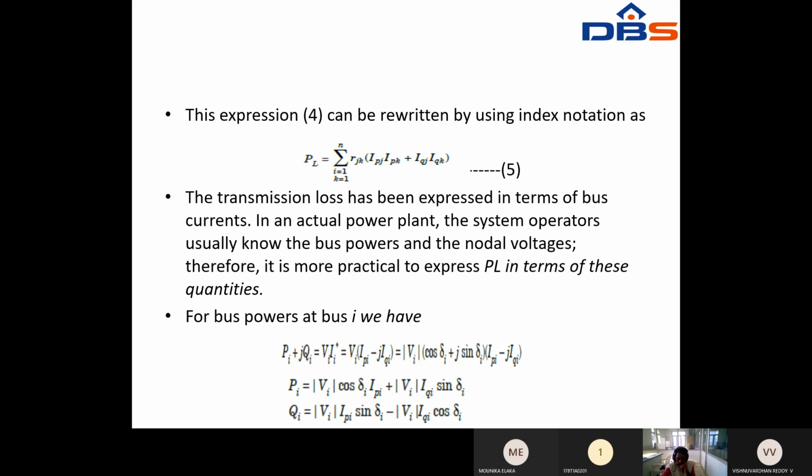So PI equals VI into IPI cos delta I plus VI IQI sin delta I, and QI equals VI IPI sin delta I minus VI into IQI cos delta I.